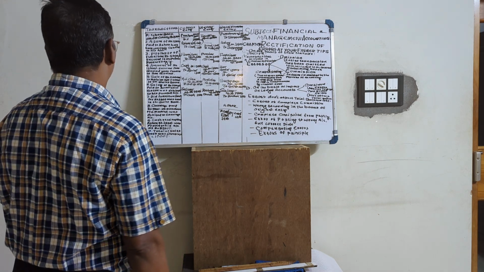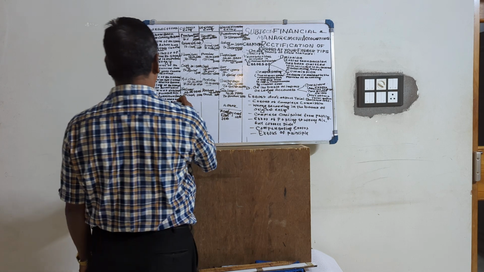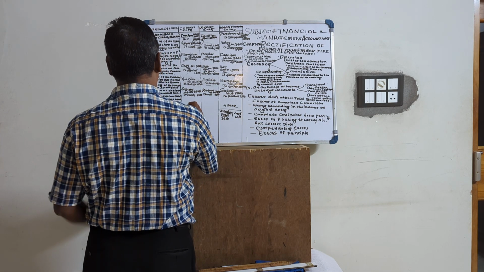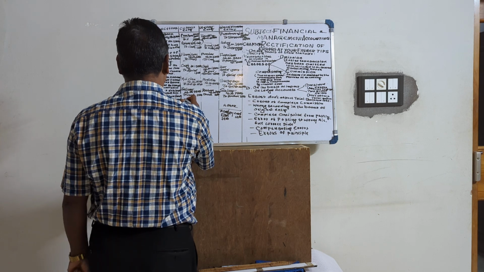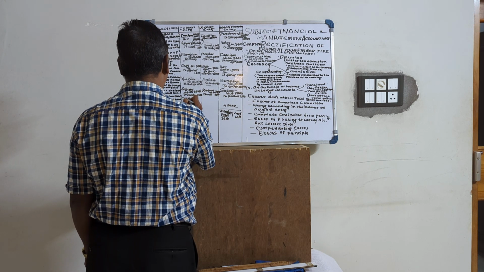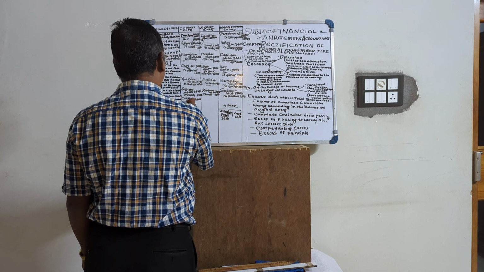Then, old furniture sold for 2,800 was entered in the sales book. When we are selling the furniture, it should be cash account debited 2,800 to furniture.